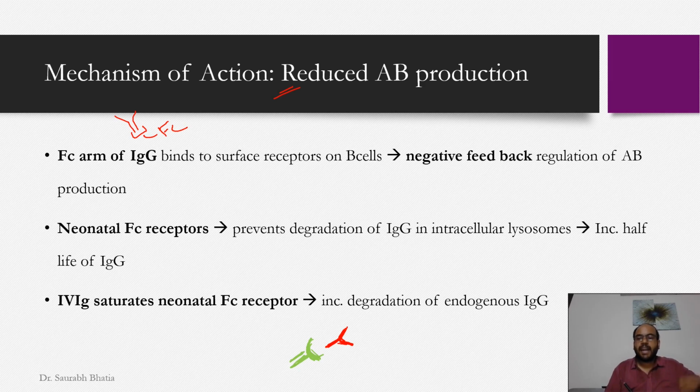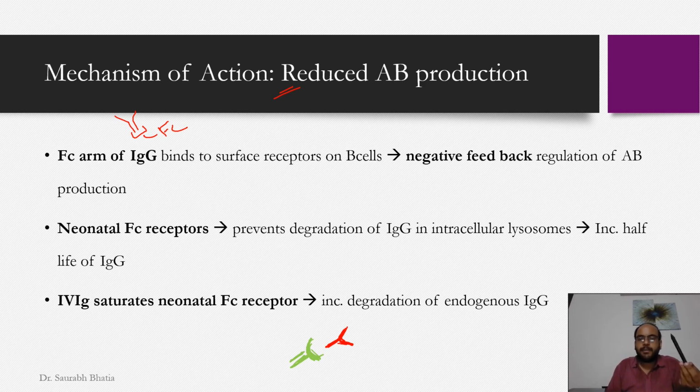This binding prevents the Ig from getting destroyed. And why is it known as the neonatal Fc receptor? Because this receptor binds to the endogenous immunoglobulin and safely lets it cross the placenta and go inside the neonate. So that is the function of the Fc receptor.